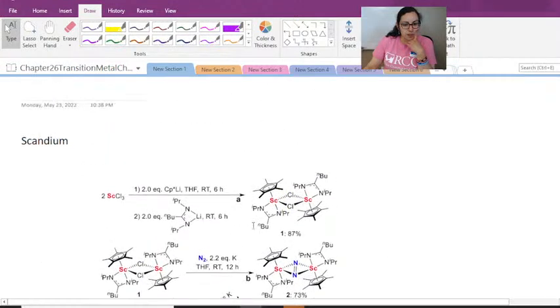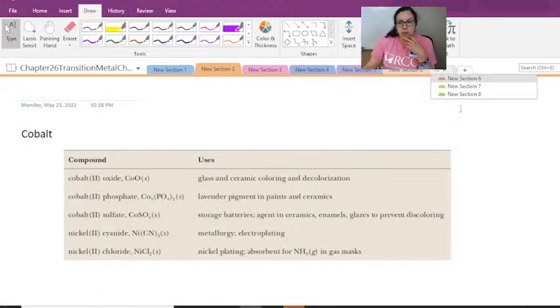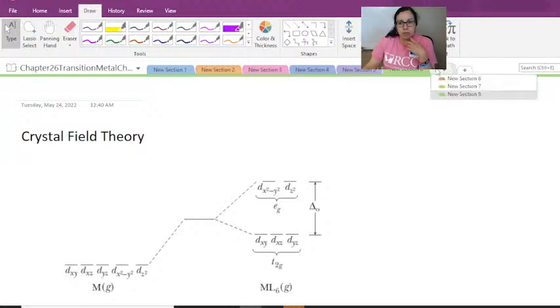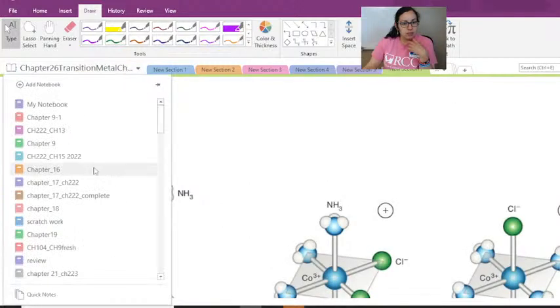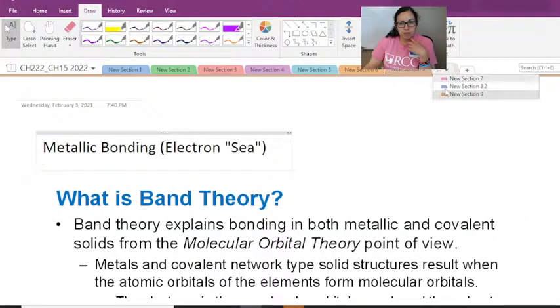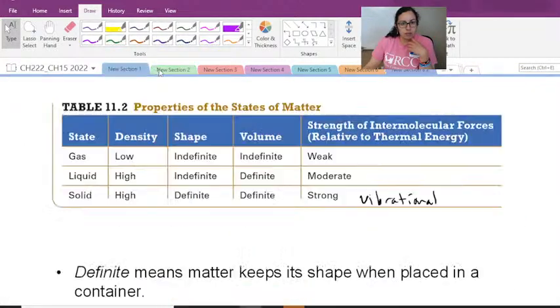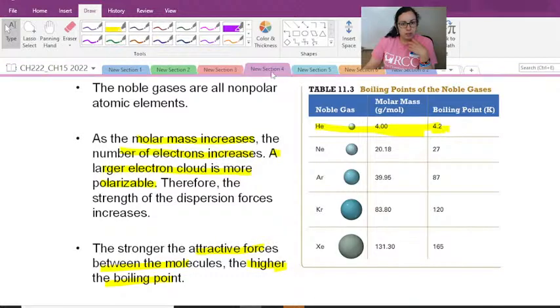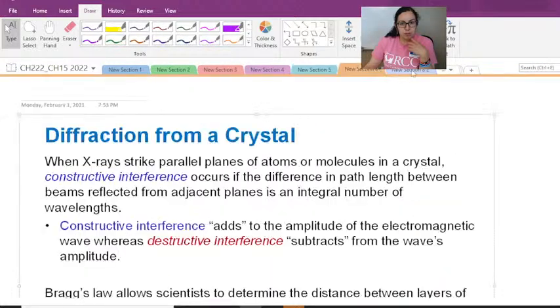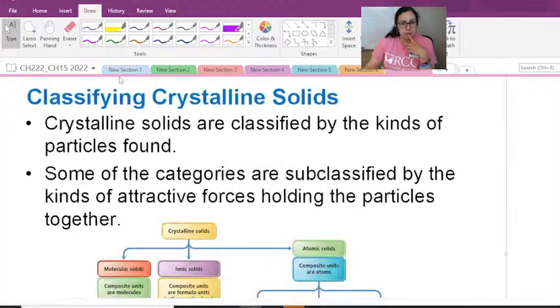So for example, they didn't say too much about scandium. And scandium tends to be difficult to work with. I didn't put a periodic table, did I? Sorry, I was trying to see where I put a periodic table somewhere.